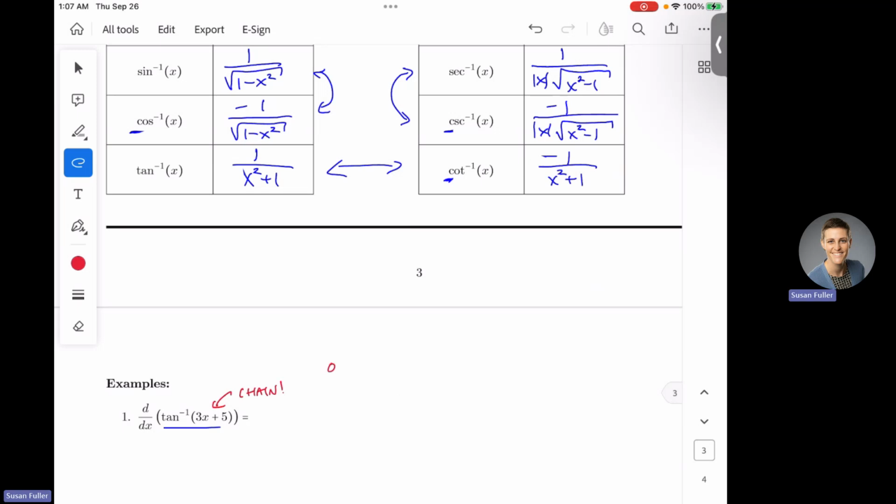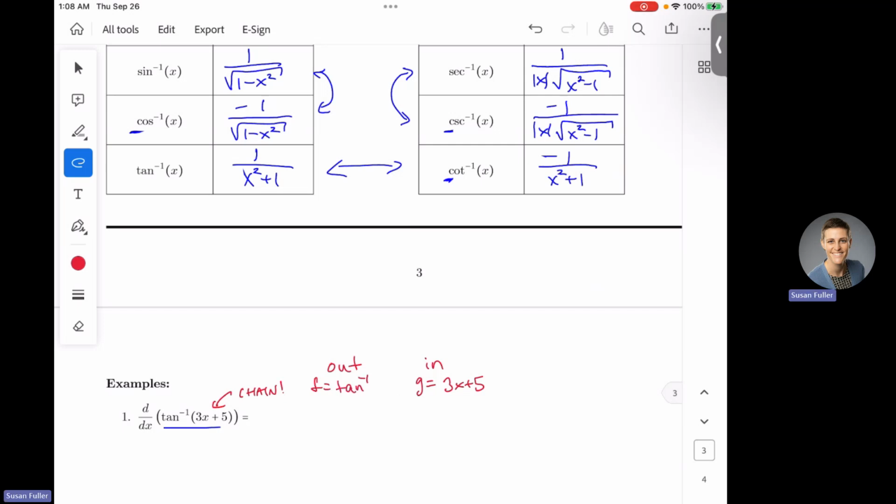So we're not going to panic. We're going to follow our form for the chain rule. And I'm going to identify an outside function and call it f, and an inside function and call it g. What's my inside function? Yep, it's 3x plus 5. So what's my outside function?